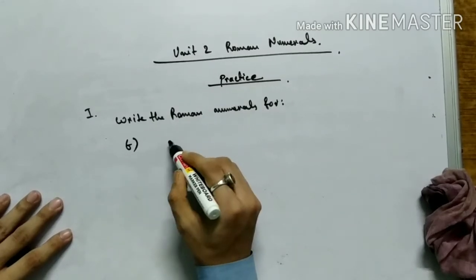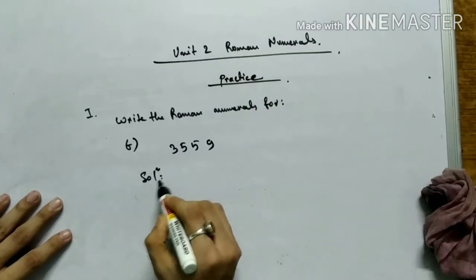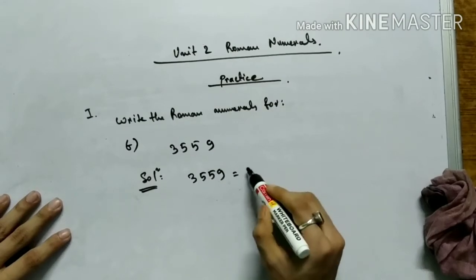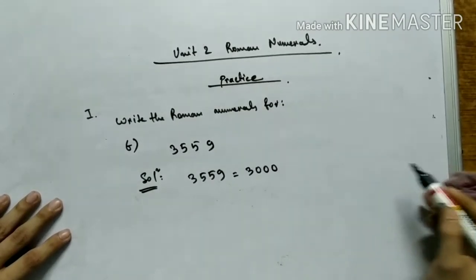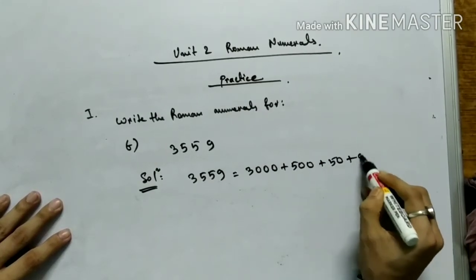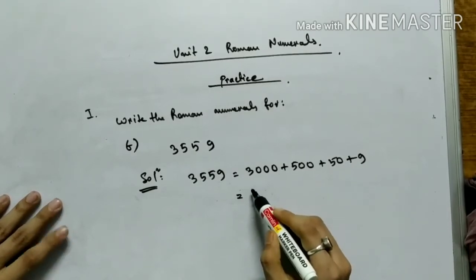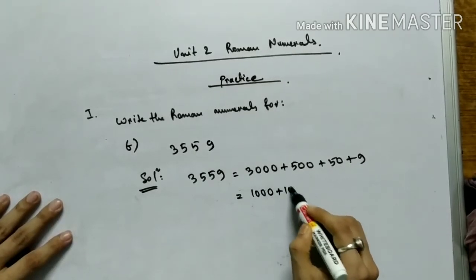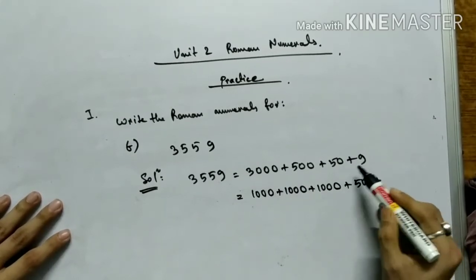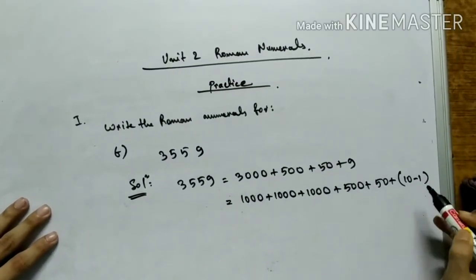Next, number F, 3559. I can write it as 3000 plus 500 plus 50 plus 9. Now 3000 I can write as 1000 plus 1000 plus 1000, plus 500 plus 50 plus 9, which I can write as 10 minus 1.